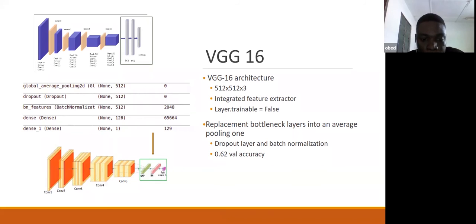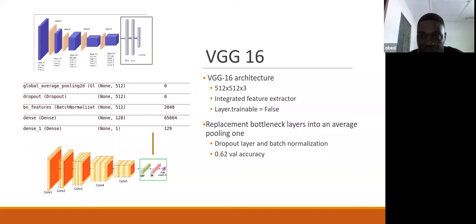Did that help with the speed of the training at all? In actual sense, I realized that the speed of my training reduced. Now, I had increased the input shape to 512 by 512. I just wanted to mimic the conditions under which the VGG 16 itself was trained. And I was also alongside just trying to do some hyperparameter tuning.